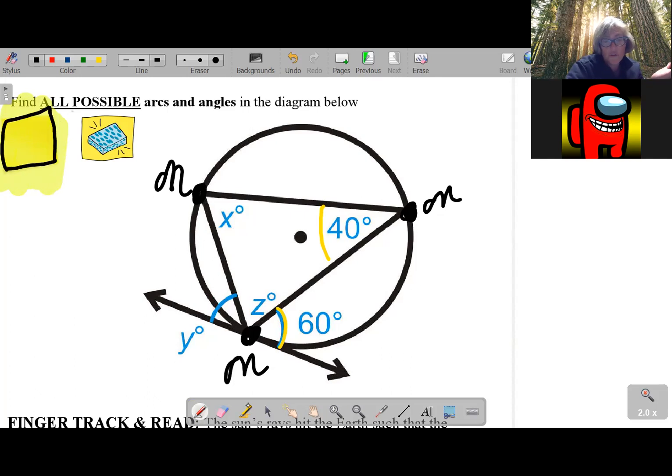We use our Post-it notes. Oh yeah, that too. So where do you want to start? You have 1, 2, 3 inscribed angles. Tell me what you want to frame first. 40. Which would be 80, right? Yes, you got it. So we got something now.